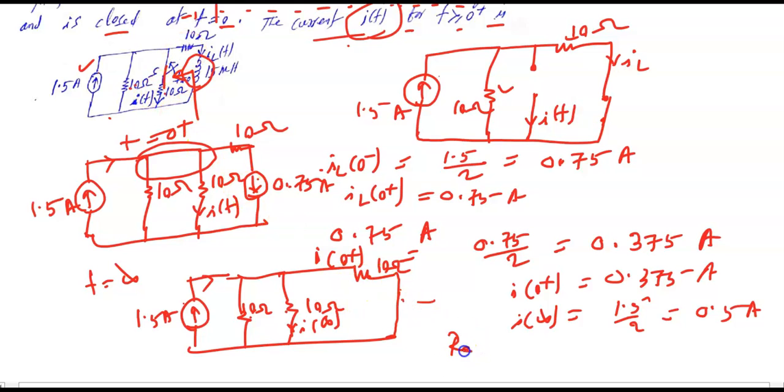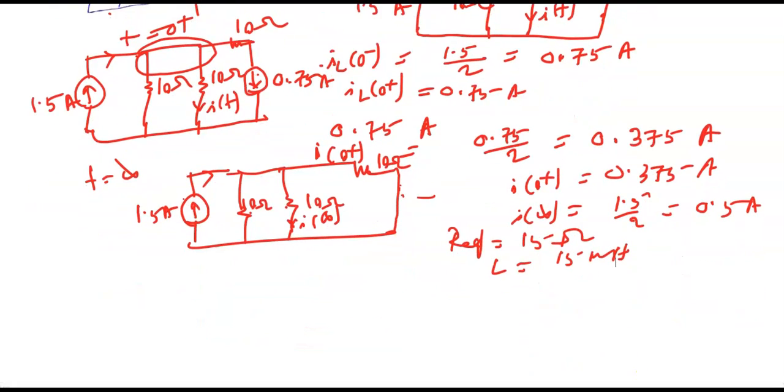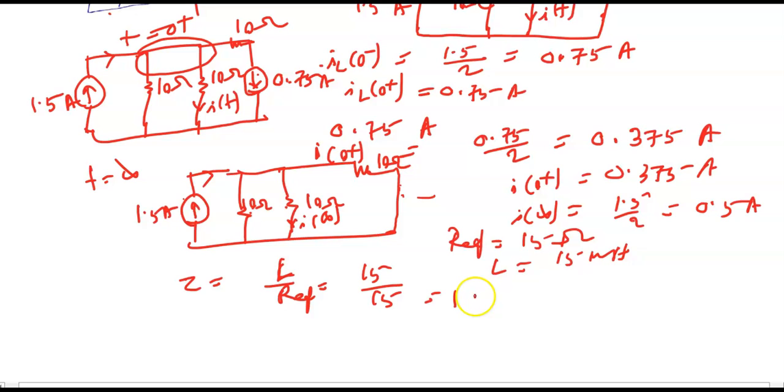So R equivalent is equal to 15 ohm, and L is 15 millihenry. So your time constant tau will be L upon R eq, that is 15 upon 15, that is 1 millisecond.